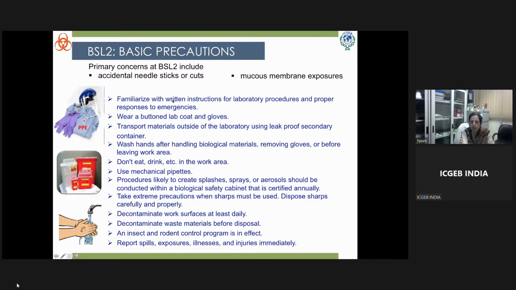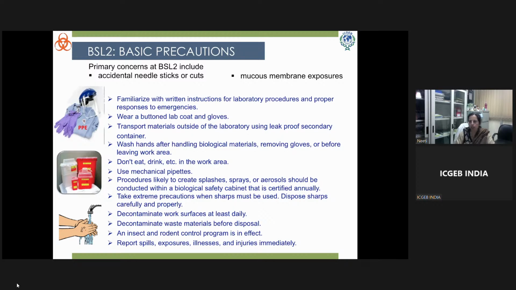This is where SOPs become important, because the lab workers should be familiarized with all the written instructions for the laboratory procedure, and they should know the proper responses to any kind of emergencies. If there is an accidental nick or a cut, then what kind of safety procedures need to be adopted. It is better to have a first line of safety equipment, including lab coats and gloves.